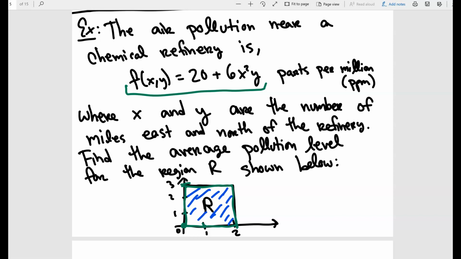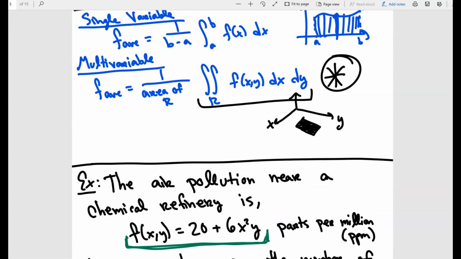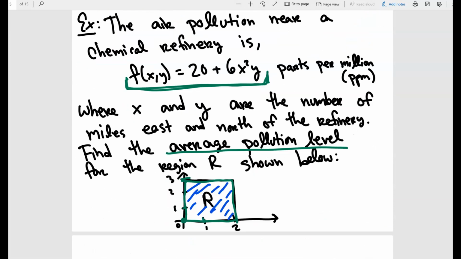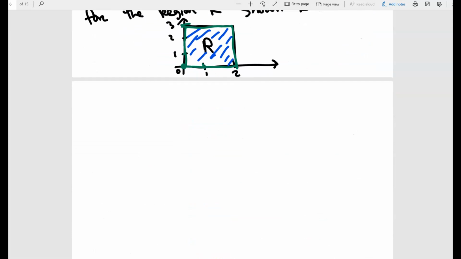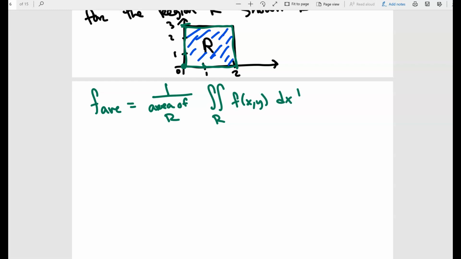So what we want to figure out is the average pollution level. We know how to calculate that. Someone was able to model it, and now we just need to apply this formula. We know that f average is going to be equal to 1 over the area of the region R, times the double integral over the region R of f of x comma y, dx dy.